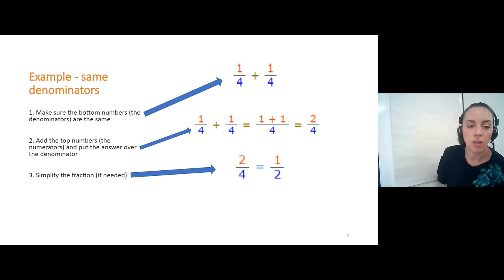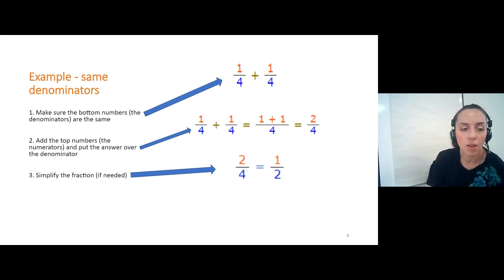Make sure the bottom numbers, the denominators, are the same, which they are. Step 2 is to add the top numbers, the numerators, and put the answer over the denominator. So 1/4 plus 1/4. We'll do 1 plus 1 to give us 2, and we put it back over the denominator, 4. In this case, step 3 is to simplify the fraction if needed.